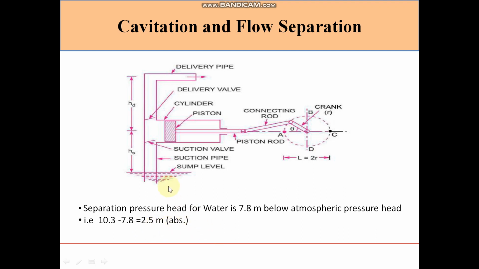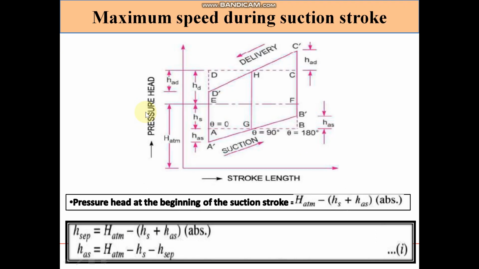So, it is very important to maintain pressure in the hydraulic circuit more than 2.5 meter of water to avoid flow separation. So let's see what will be the maximum speed of the reciprocating pump during suction stroke and the delivery stroke.